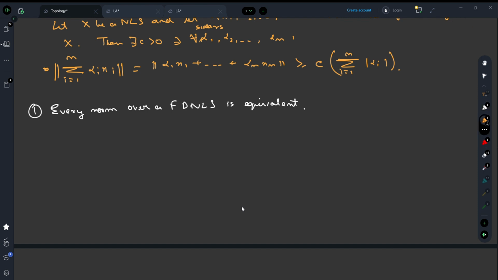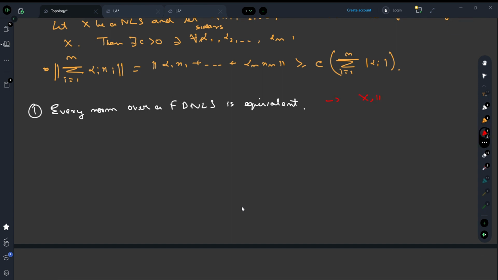What do we mean by two norms being equivalent? Let me give you the mathematical statement for two norms being equivalent. There's a mathematical aspect behind the word equivalent.